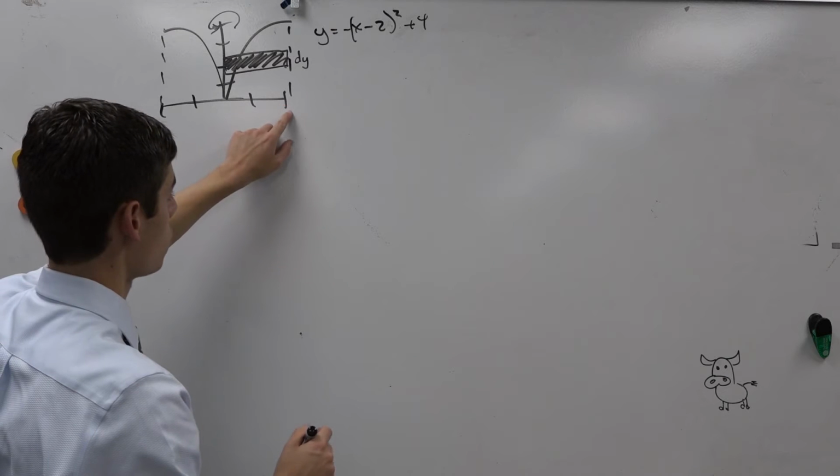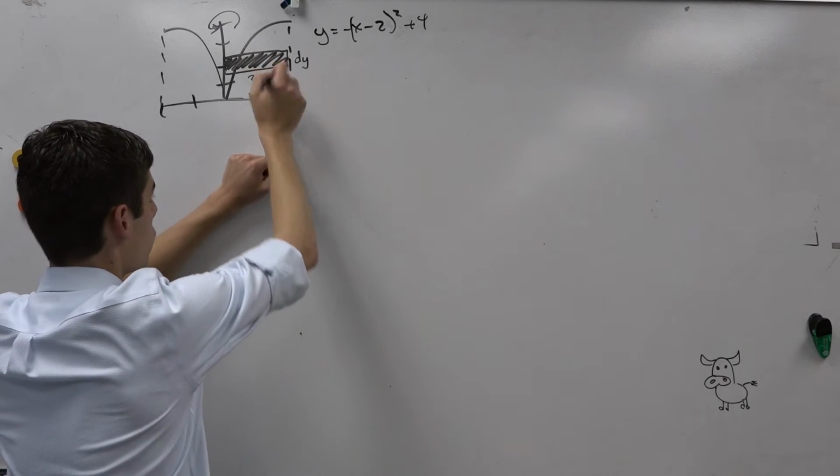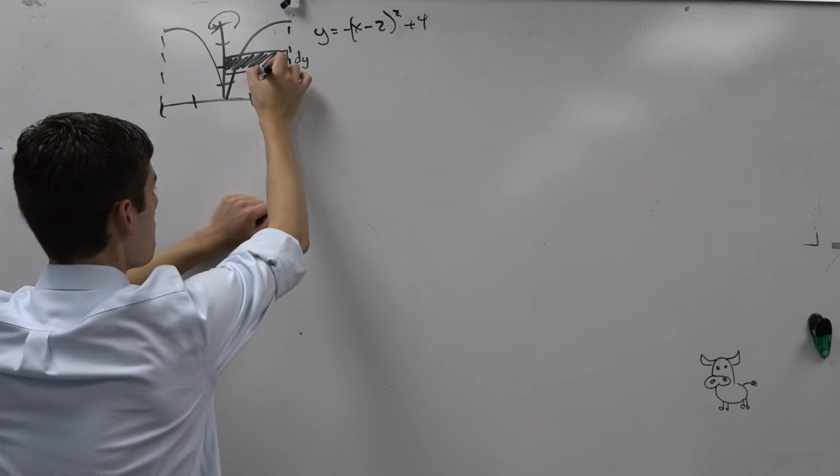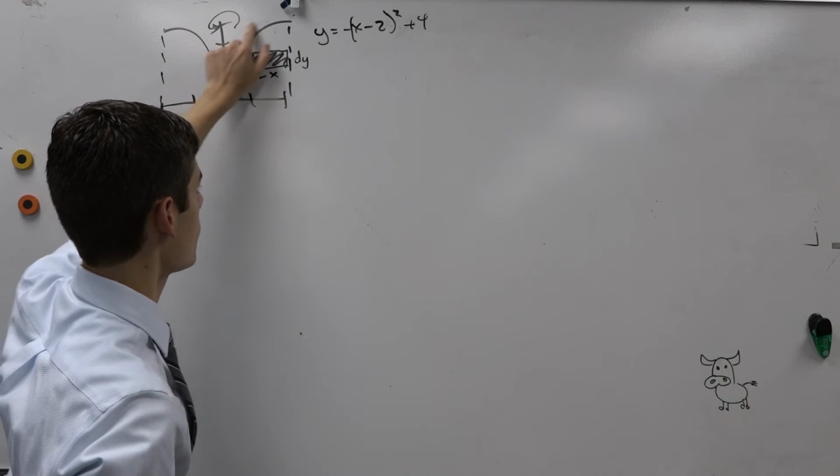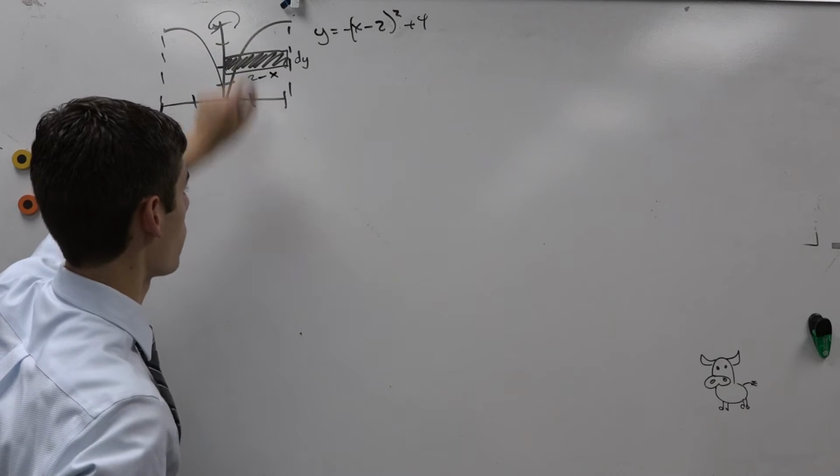So we're going to go 2, which is all of this, minus x. And x will be what is in here, in between 0 and the graph.